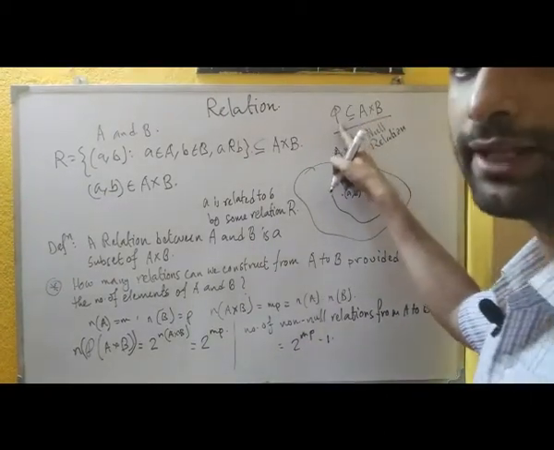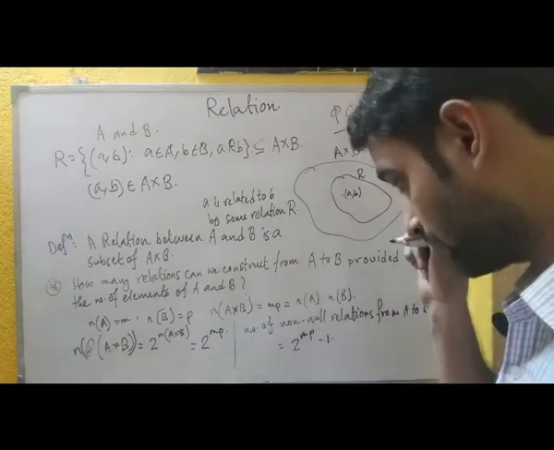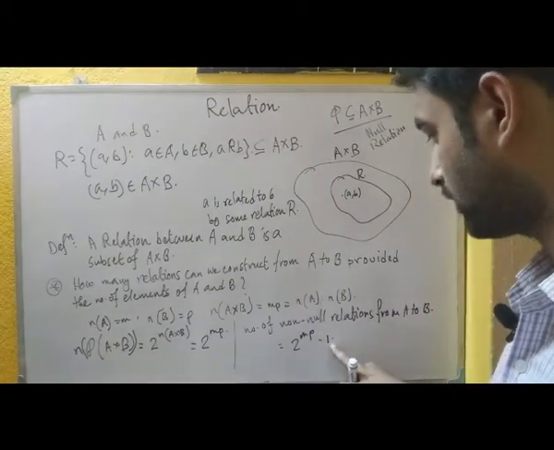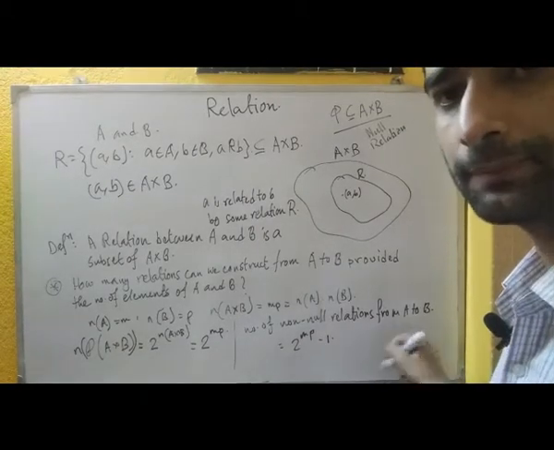That is the phi we are subtracting from this total number of relations. So 2 to the power mp minus 1 is the number of non-null relations from A to B.